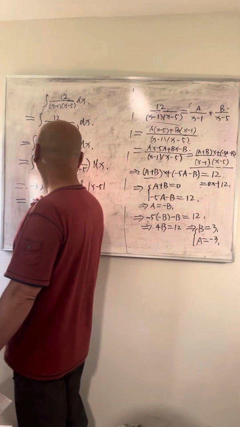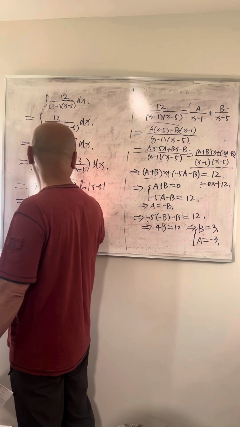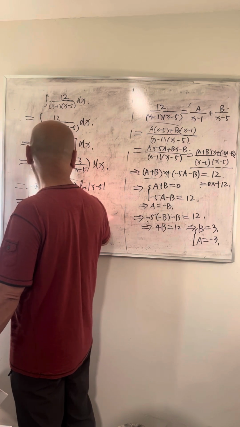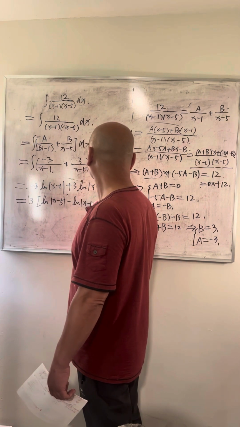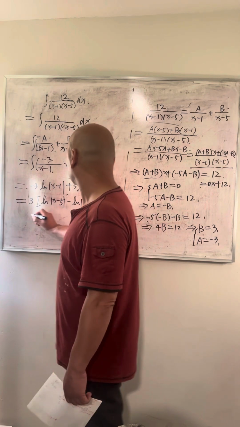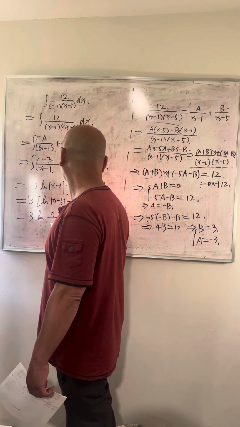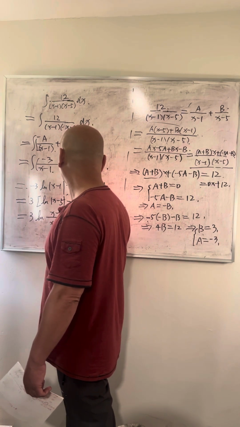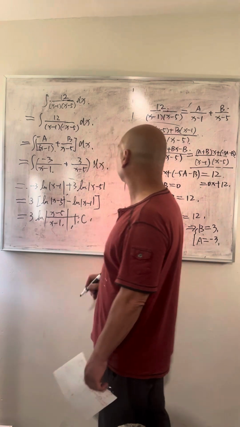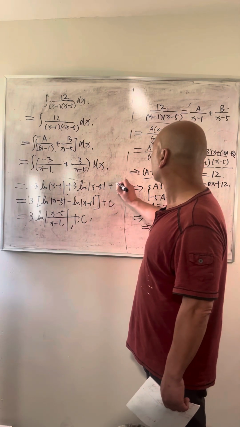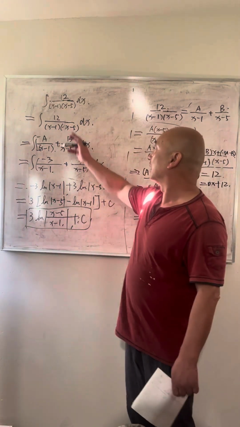That should be 3 factored out, log of the absolute value of (x minus 5) over (x minus 1), plus C. Here you're going to add plus C, constant. So that is this question's answer.